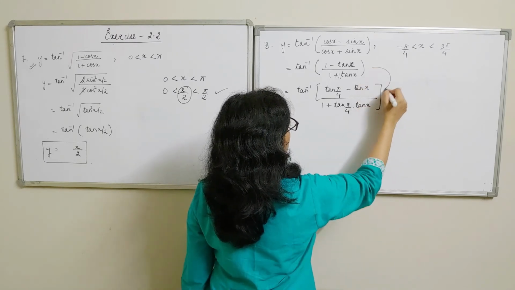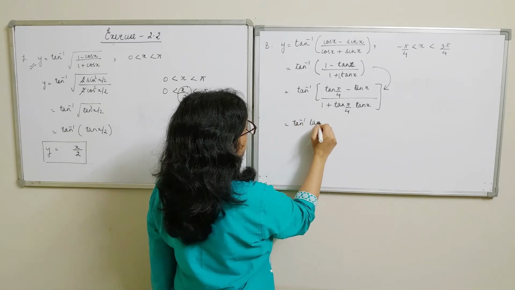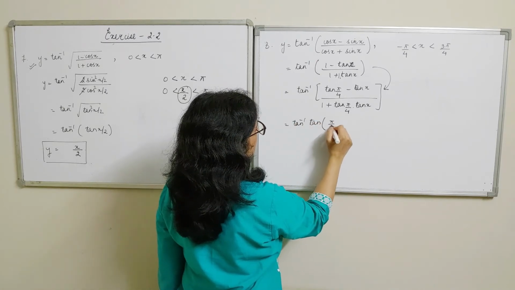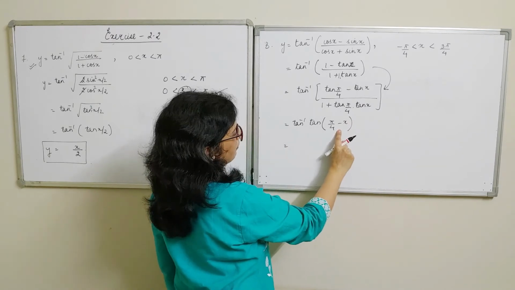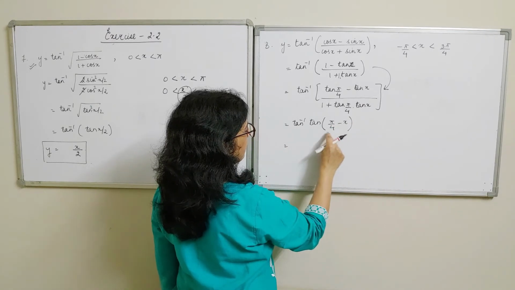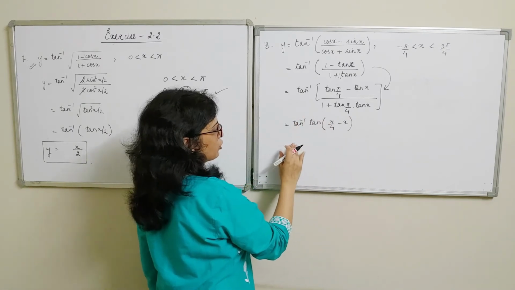So if the same expression is written like this, then we can use an identity tan inverse tan pi by 4 minus x. Now this result will be pi by 4 minus x if this angle belongs to the principal branch of tan inverse function or a subset of it.